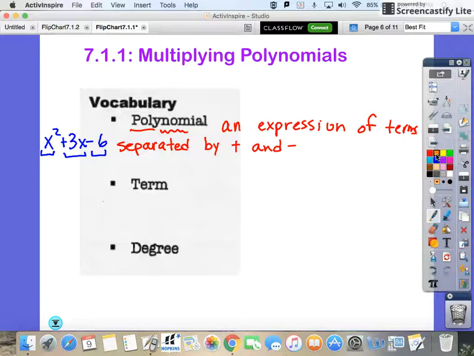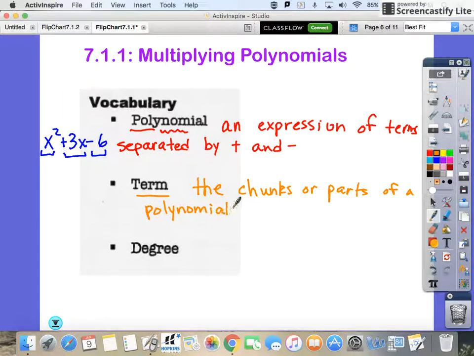The second piece is terms, which I just said. This is like the chunks or parts of a polynomial. So for example, this right here has 3 terms because there's 1, 2, 3 parts to it.